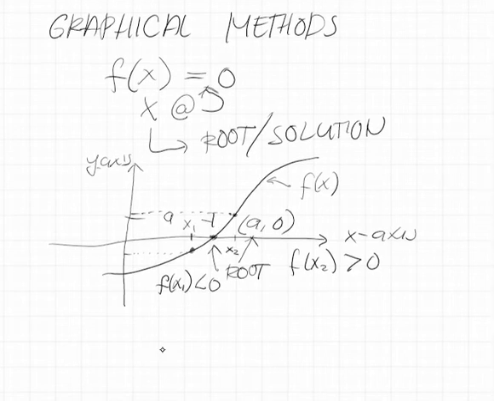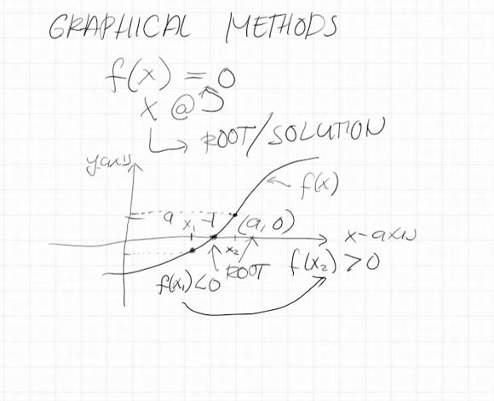So when the function changes its sign, from negative, less than 0, to positive, greater than 0, we said that there is a root between that interval. So there will always be at least one root between that interval, between x1 and x2.